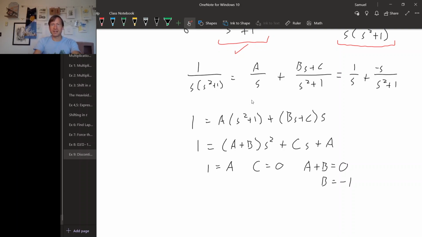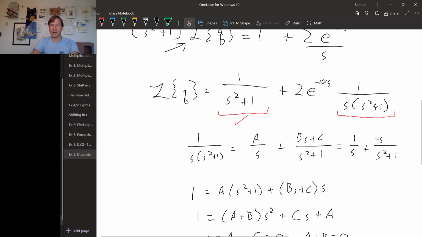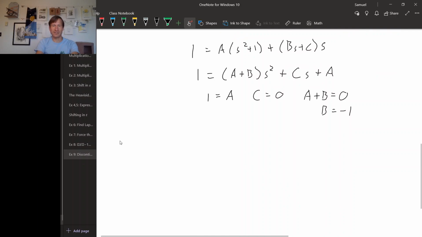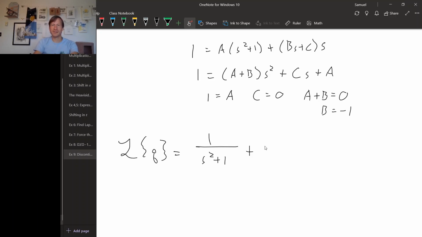All right, so now we can come back to our Laplace transform here. So the Laplace transform of q is 1 over s squared plus 1 plus 2 times e to the minus 10s times this partial fractions decomposition that we just found. So 1 over s minus s over s squared plus 1.